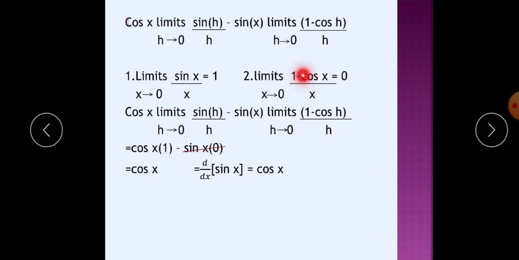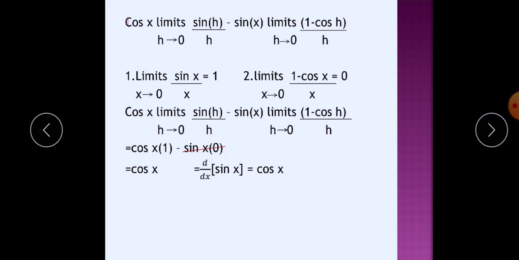These forms are the same; they only differ in the variables. So this form is equivalent to 0, and this form is equivalent to 1.